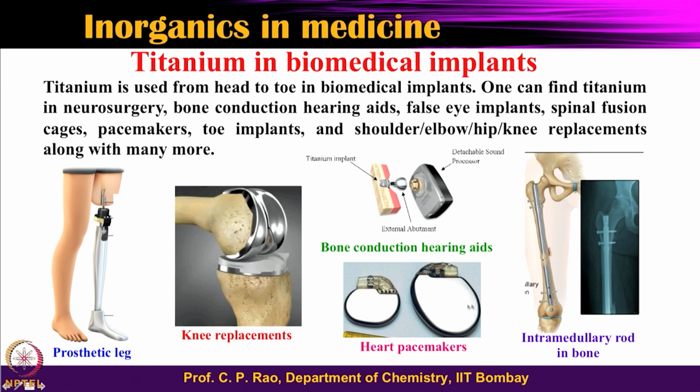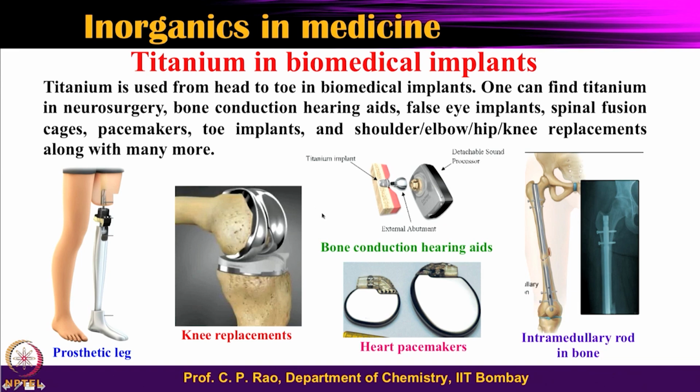Hearing aids are these, and the pacemakers, and also intramedullary rod in bone. So, everywhere the titanium based materials, titanium rods, titanium shaped cups, all these things are put into the human organ implant system.